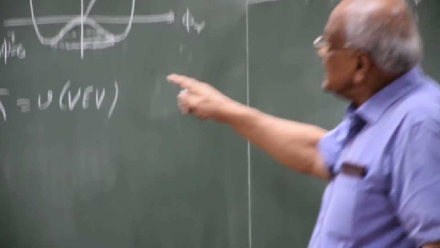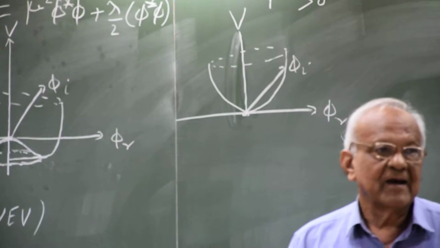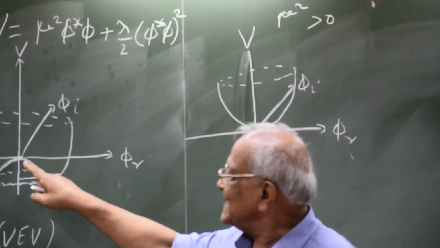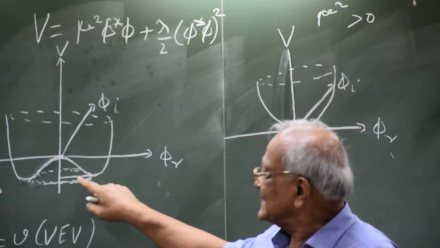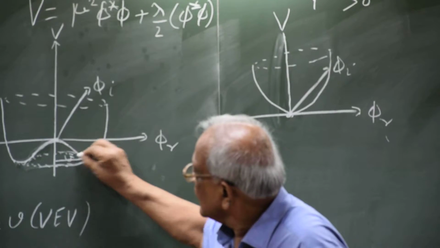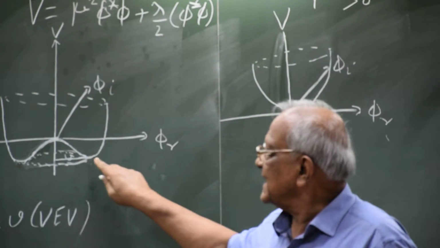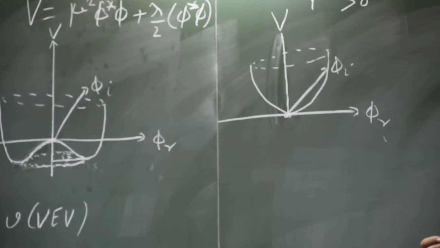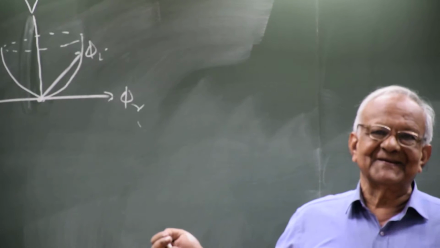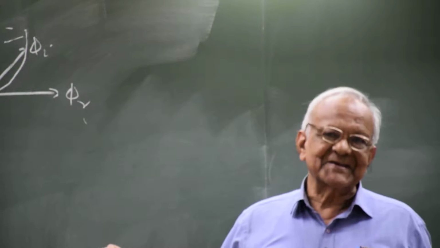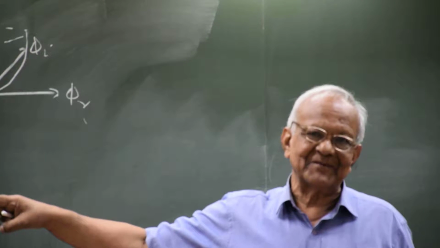You can do the same thing here, but of course for that you have to translate the origin of the field by this constant value V, because harmonic expansion is stable around an energy minimum, not around an energy maximum.